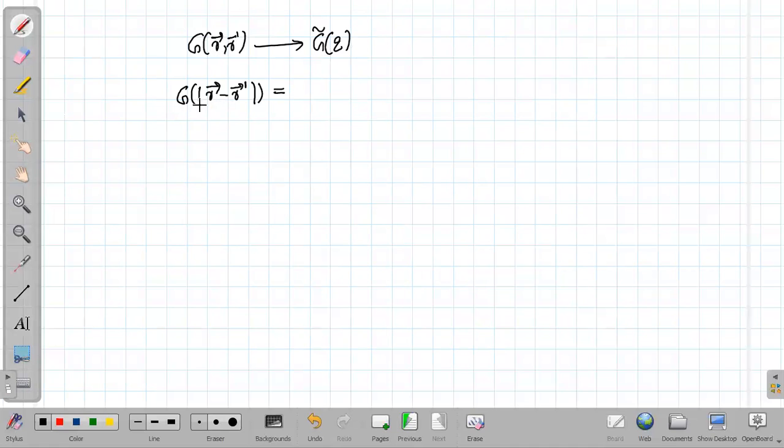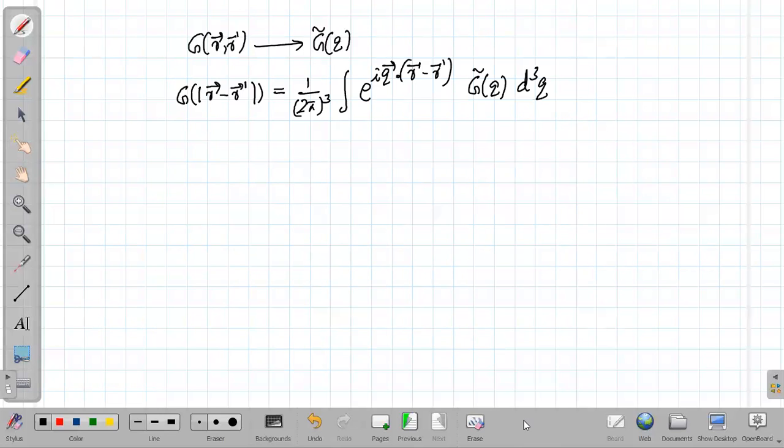So the Green's function G of modulus of r minus r prime, I can write as 1 by 2 pi cube integral e raised to i q dot r minus r prime, G tilde of q d cube q. This is the definition of the inverse Fourier transformation, that is, you can find the Green's function from G tilde of q.